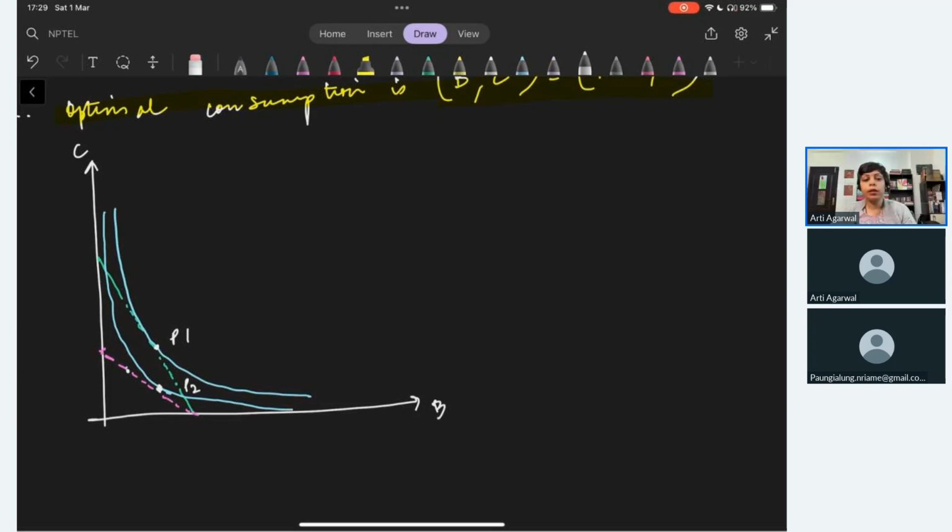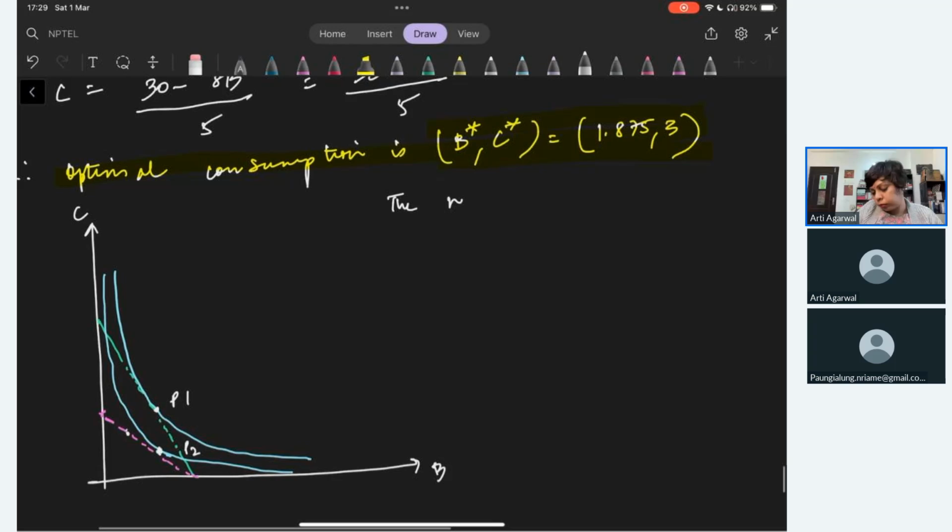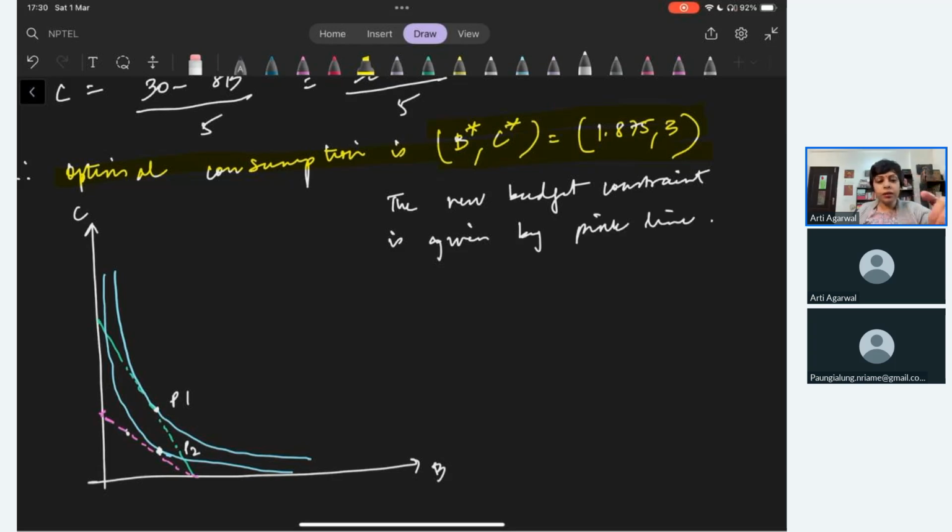P2 is the consumption bundle we will get after the change in the price of corn, and the new budget constraint is given by the pink line.